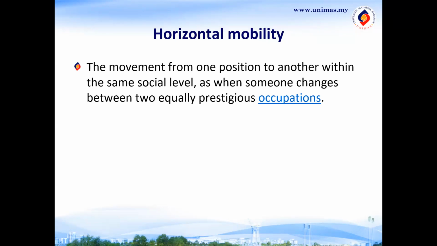For example, an accountant moving to another occupation, maybe a branch manager. In terms of prestige, it is probably about the same. So it's moving within the same level, roughly the same in terms of socio-economic status, income, for example.